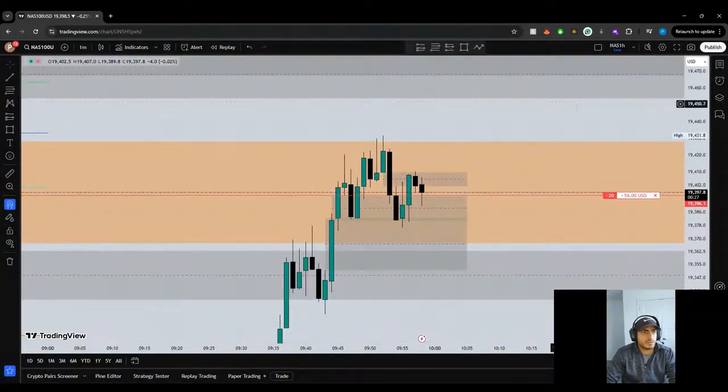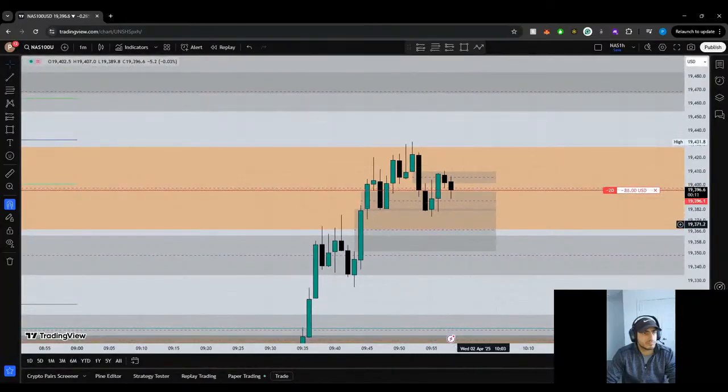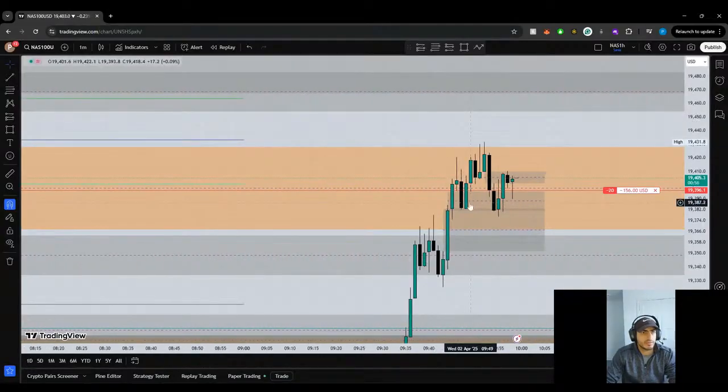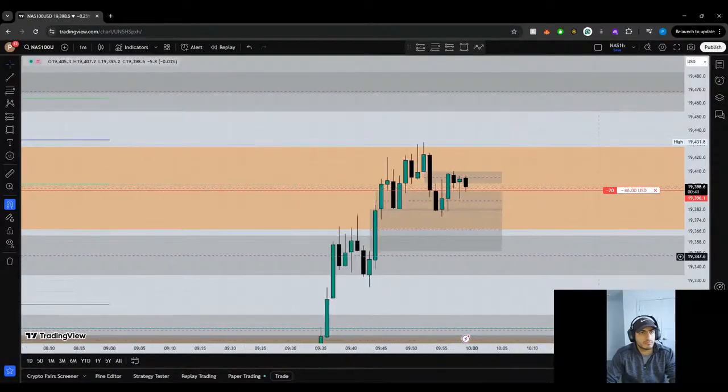All right, let's see. Getting a bounce off of this zone, this fair value gap. Let's see.